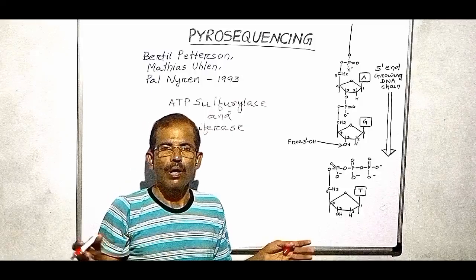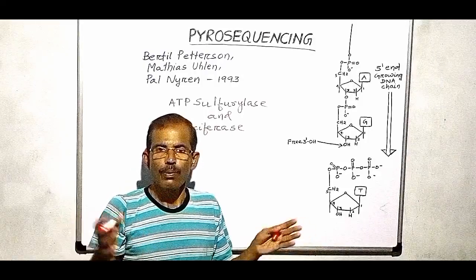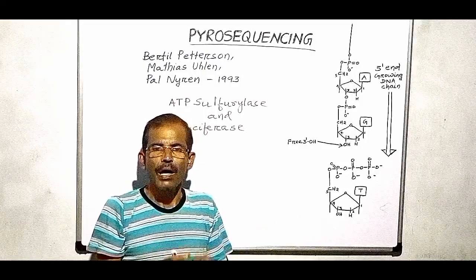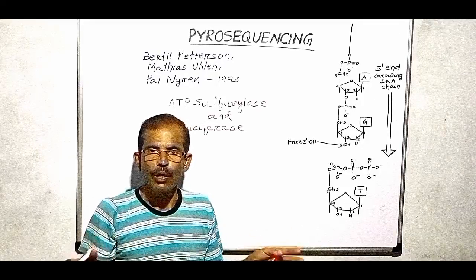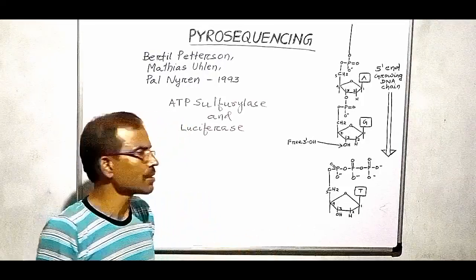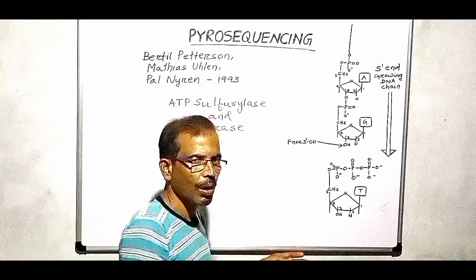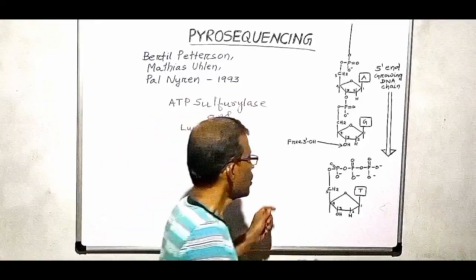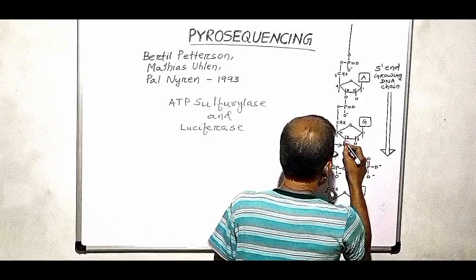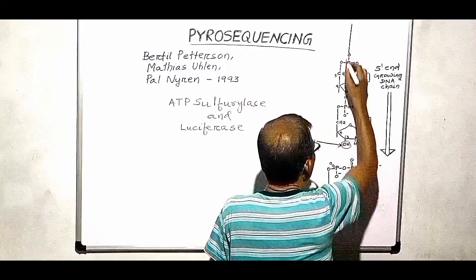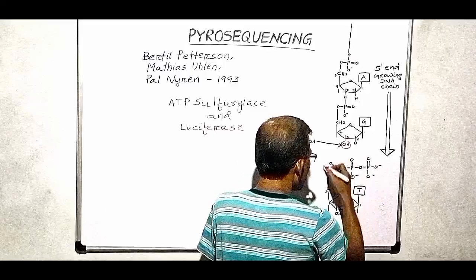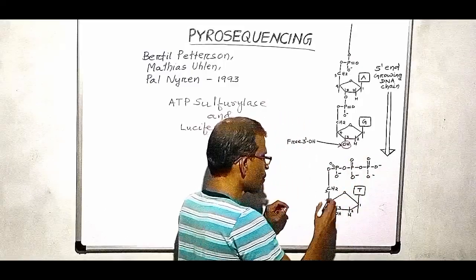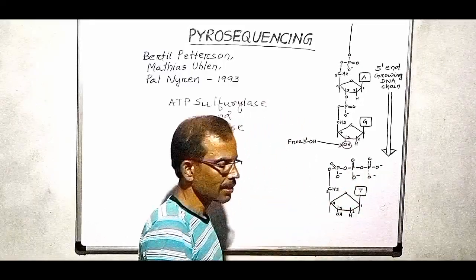What is the byproduct of nucleotide incorporation? It is pyrophosphate. We know that DNA polymerase catalyzes the formation of a phosphodiester bond between the 3' hydroxyl group of the growing DNA strand and the 5' phosphate group of the incoming nucleotide.